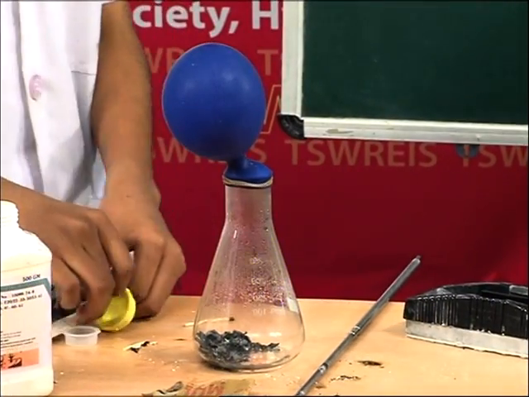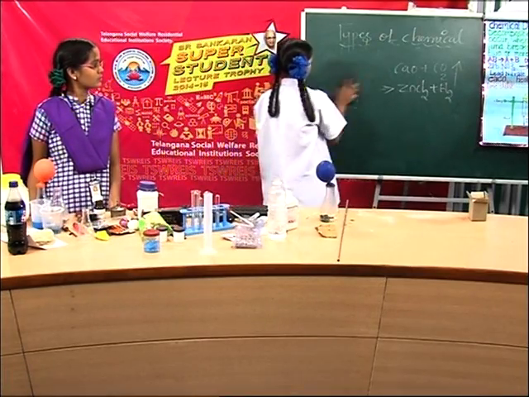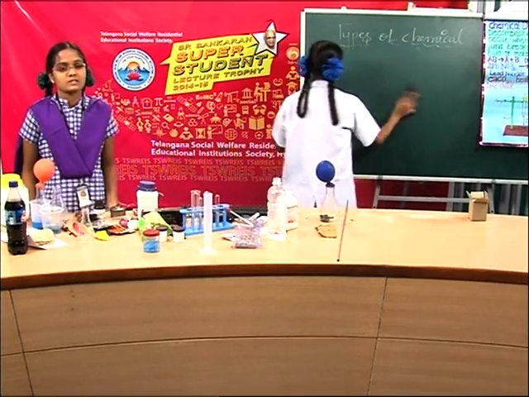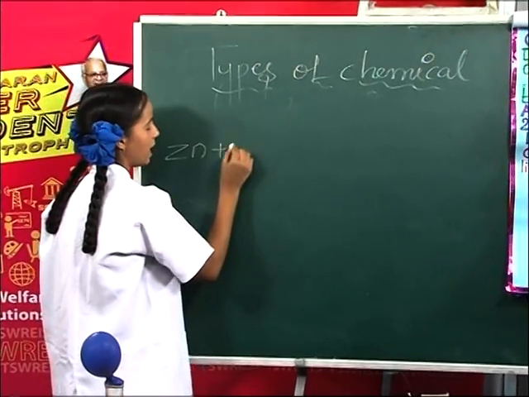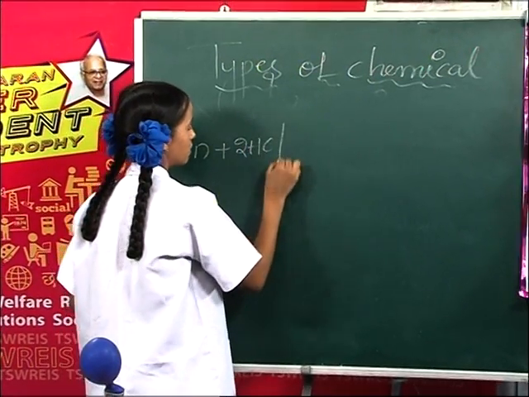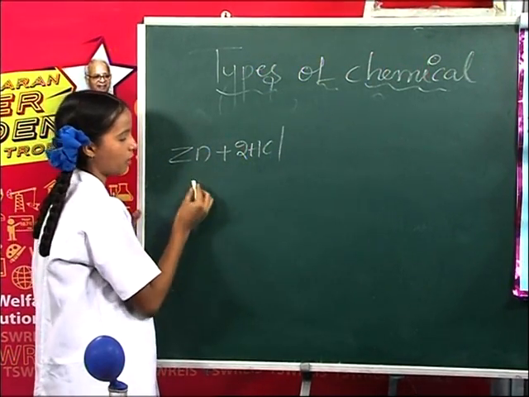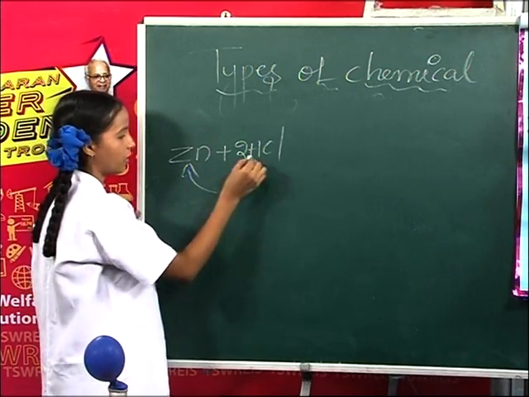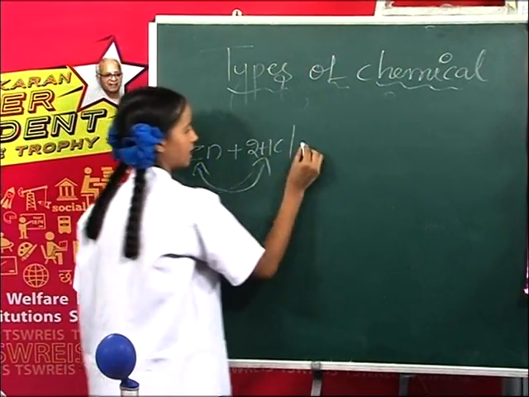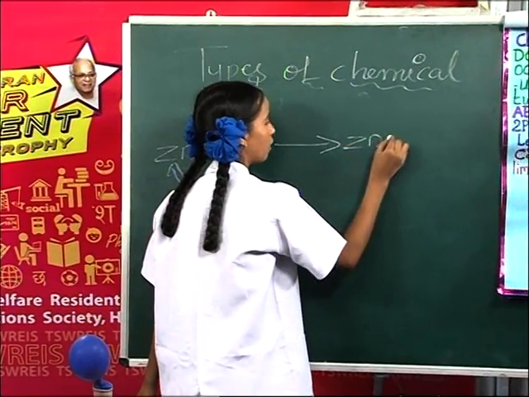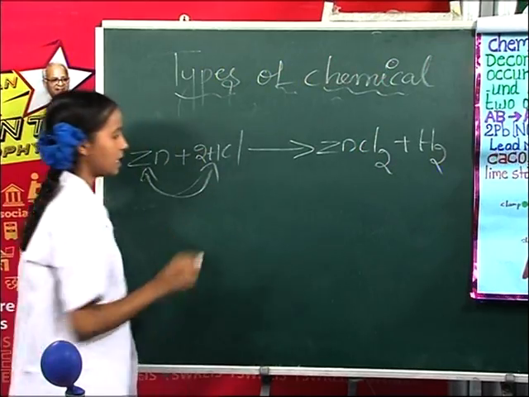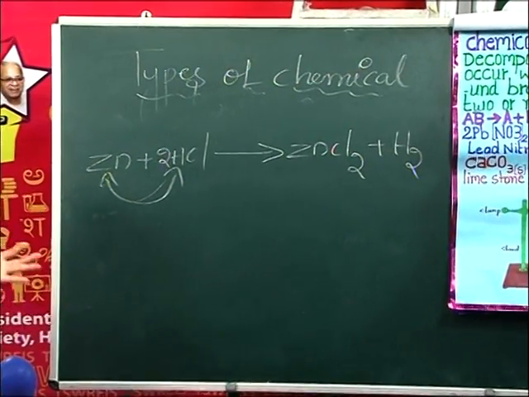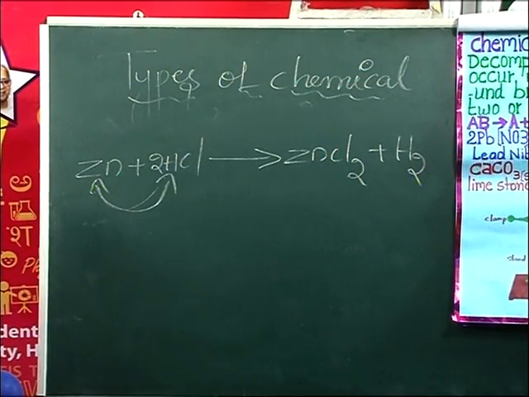So zinc plus hydrochloric acid forms zinc chloride plus hydrogen gas. This is called a chemical displacement reaction.